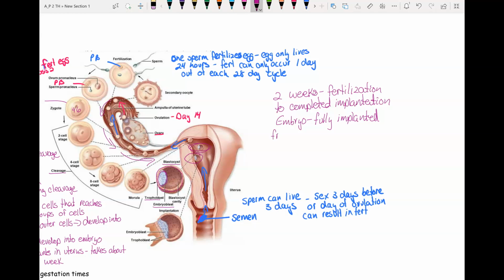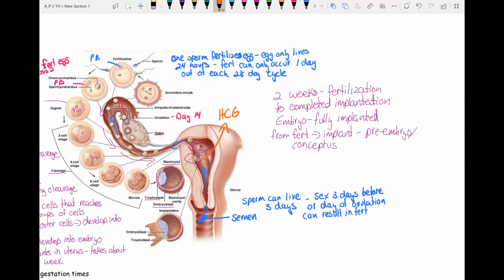So from fertilization to implantation, it's called a pre-embryo or conceptus. At this time, once implantation is complete, that's when the embryo will start to secrete HCG.